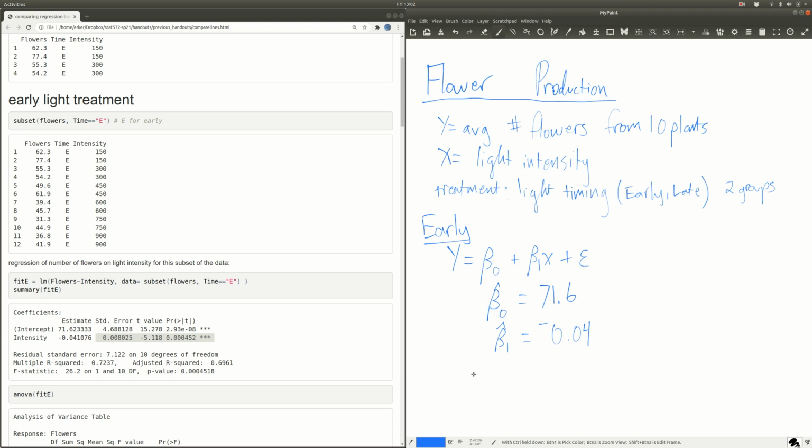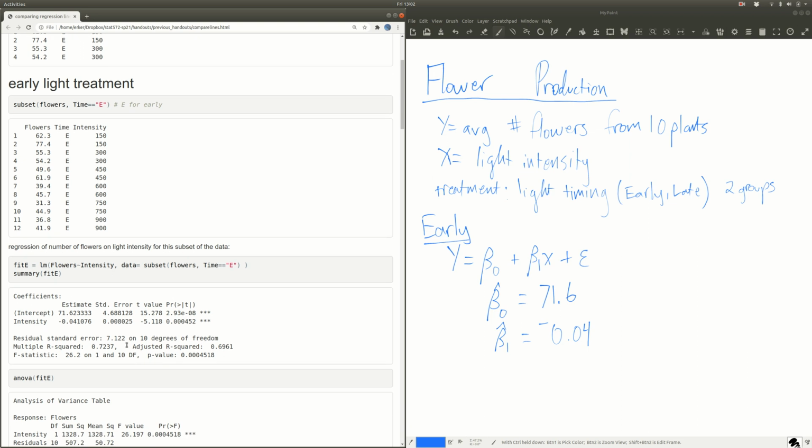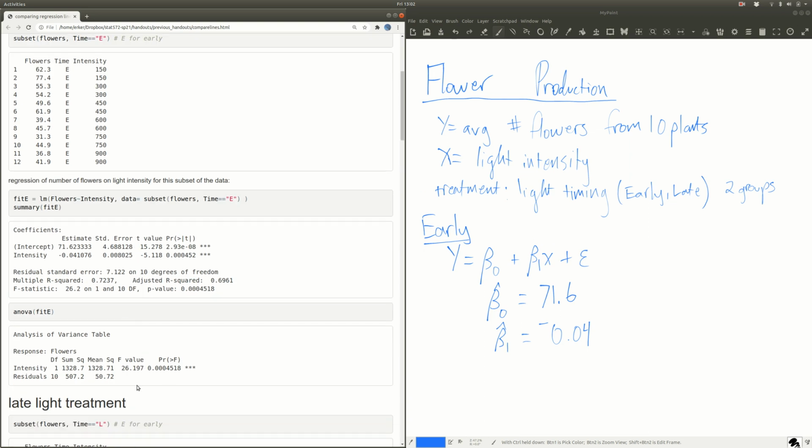Well, I guess the units of light intensity are large, so maybe it's not small. Standard error is also small. Both of these are significant. So that means the intercept is clearly different than 0, and the effect of intensity is also clearly different than 0.